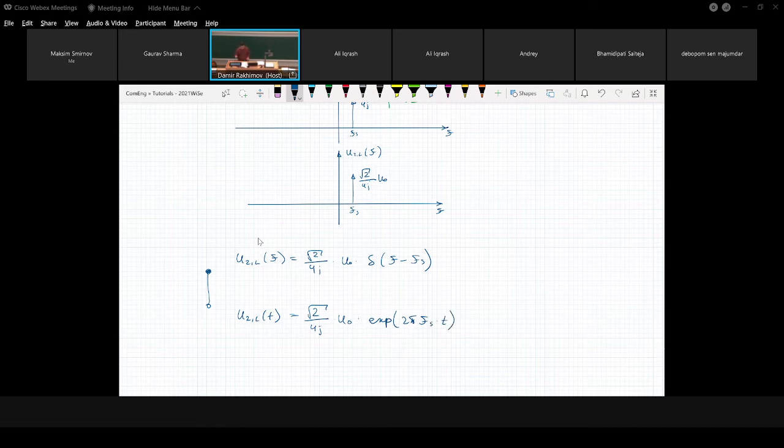This is the final result for our signal after the filter in the corresponding low-pass range. Okay, any questions?